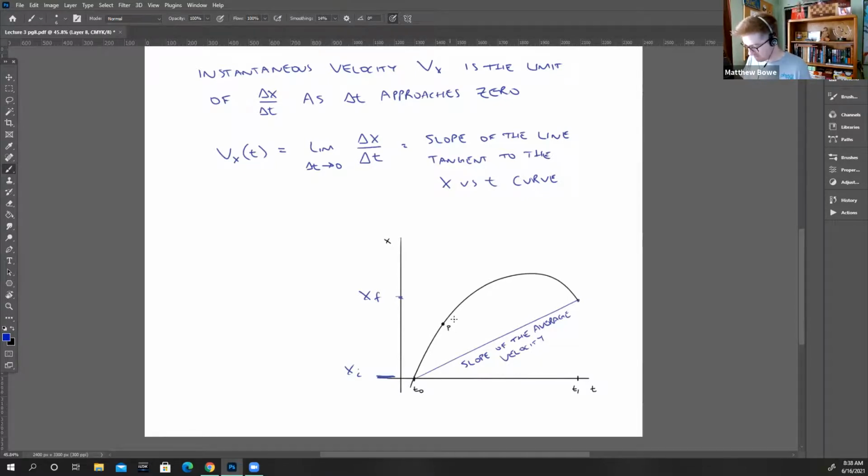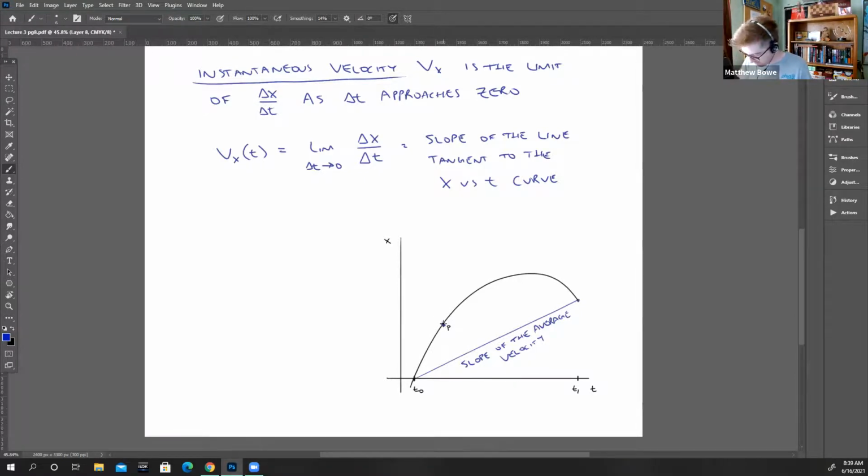What if we wanted to find the velocity of this curve at point P right here? Let me get rid of these. That is where we need the instantaneous velocity that I have up here. So instead of taking the whole big picture, the whole curve, getting this big average velocity, we want just the very tiniest sliver right where point P is.